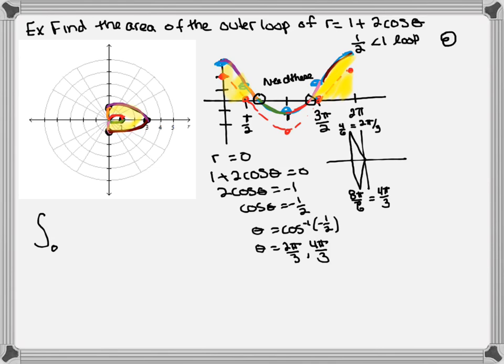So I'm going to write from 0 to 2 pi over 3. That is this area right here, from 0 to 2 pi over 3 of 1/2 r squared, and r is given by 1 plus 2 cosine theta, d theta, plus the second area. In the second area, I'm going from 4 pi over 3 to 2 pi.